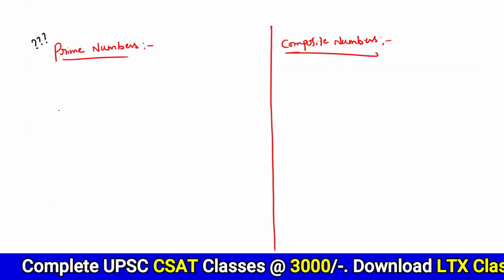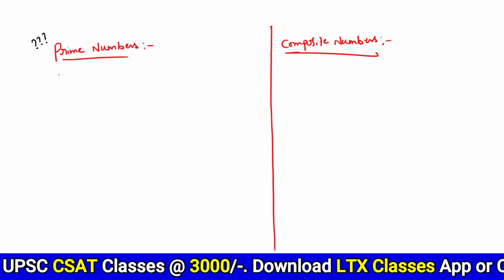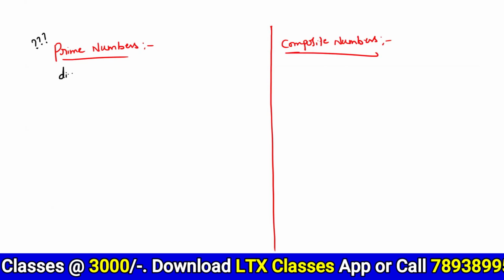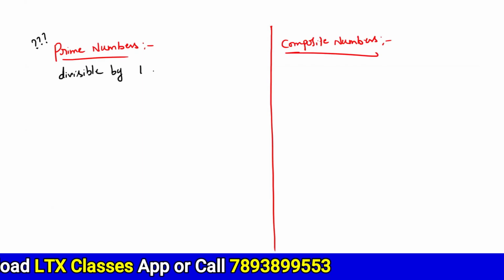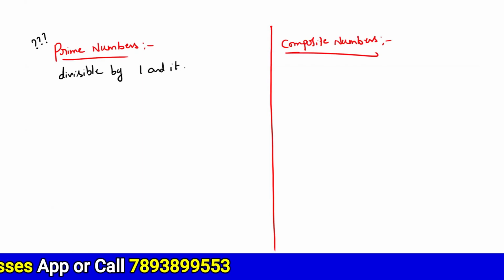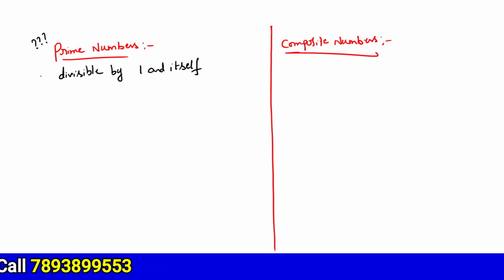Divisible by 1 and itself, sir. Okay, divisible by 1 and itself. A number which is divisible by 1 and itself. Okay. Or else any other definition from anyone?